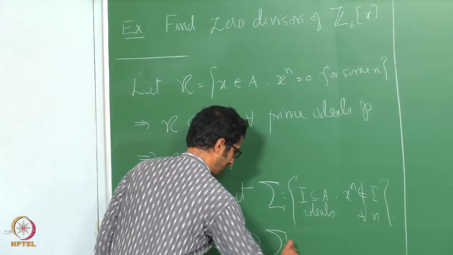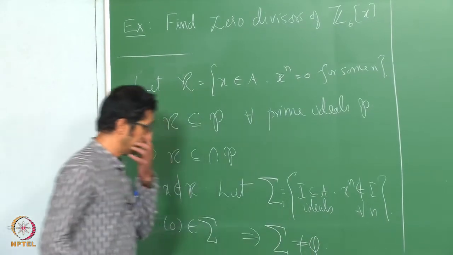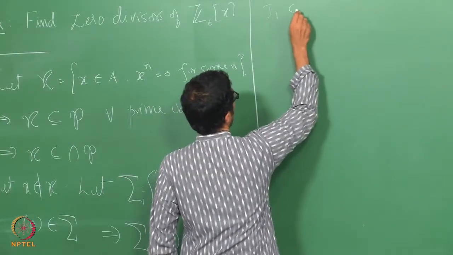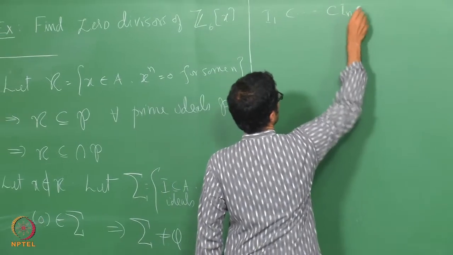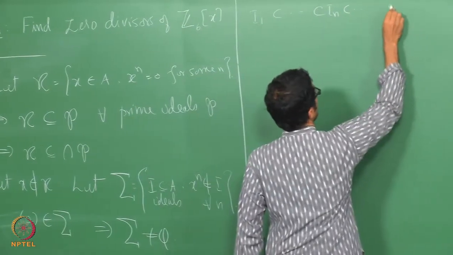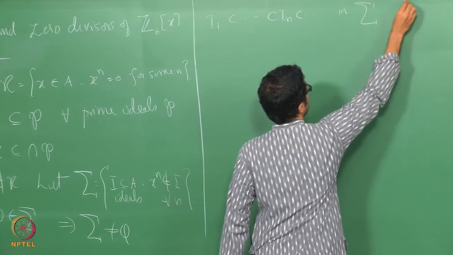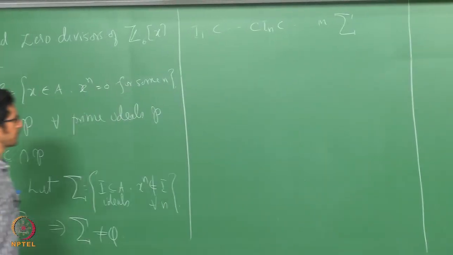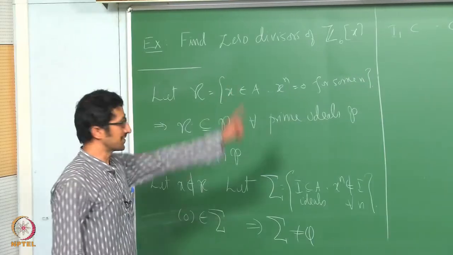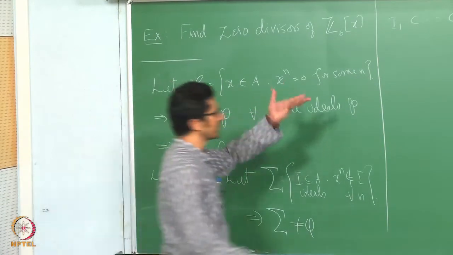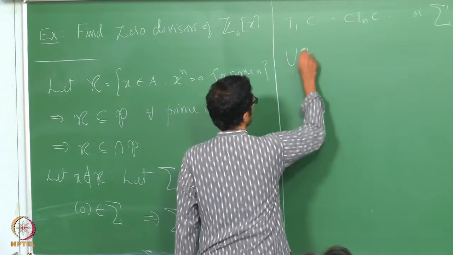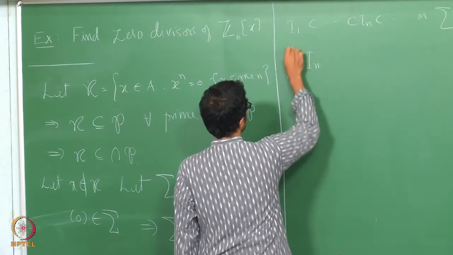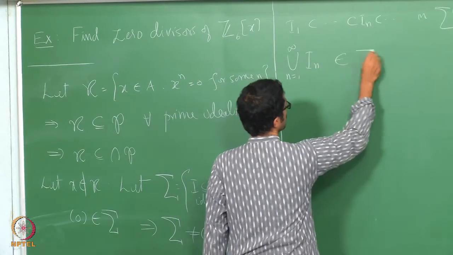Then we looked at any chain of ideals in sigma, and we proved that this chain has a maximal element, which is the union of I_n from 1 to infinity. This belongs to sigma.